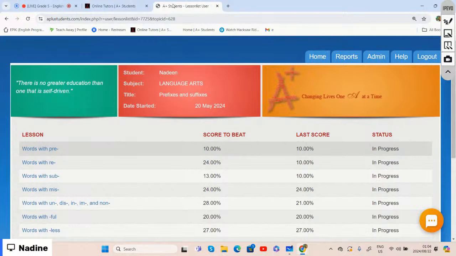All right. And as you can see, there are a lot of lessons under our chapter of prefixes and suffixes, but today we are only going to focus on words with re, pre, and sub.